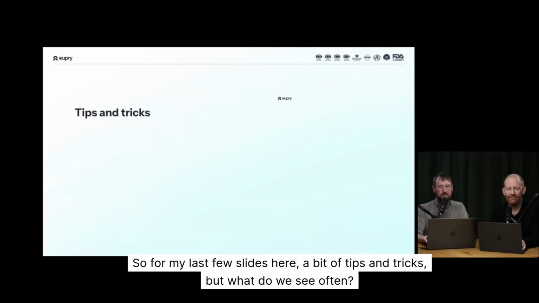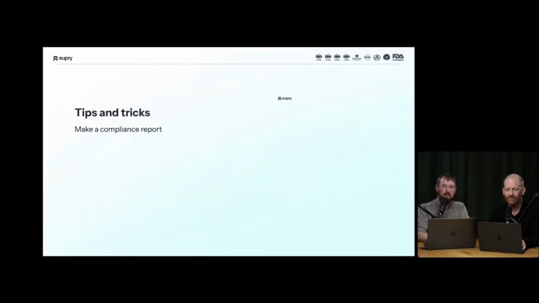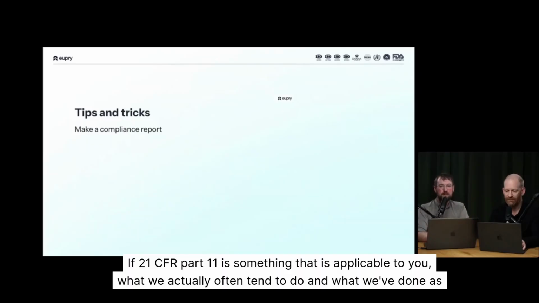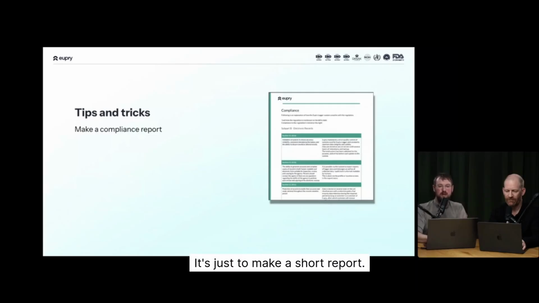So for my last few slides here, a bit of tips and tricks. What do we see often? First of all, make a compliance report. If 21 CFR Part 11 is applicable to you, what we often tend to do, and what we've done as well, is make a short report.